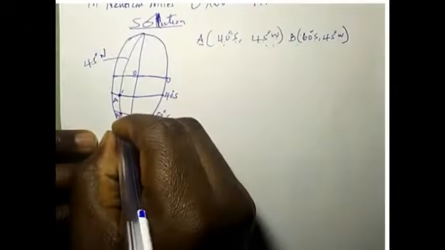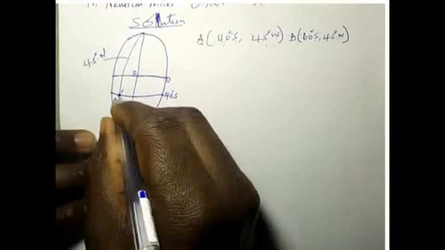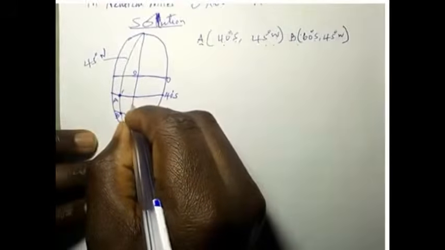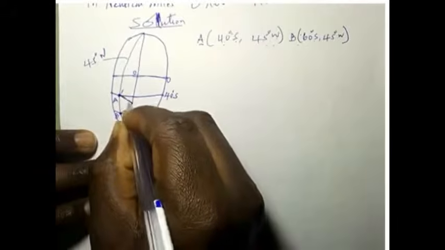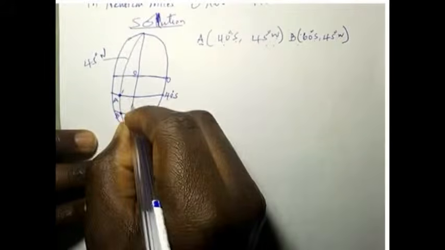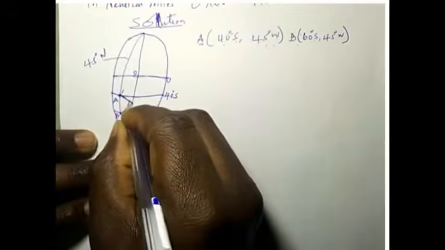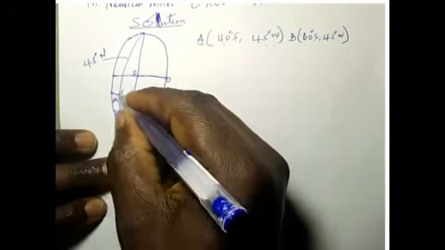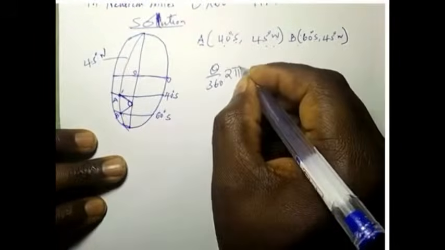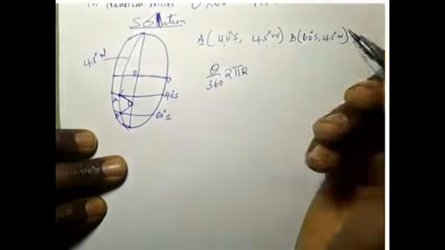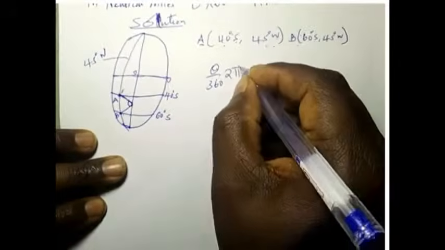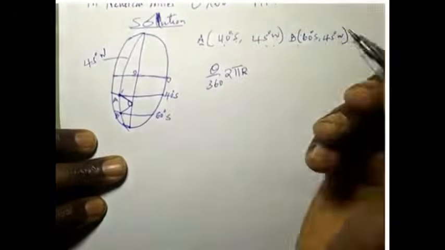So the center of this is here. So what we want is drawing a great circle, the pi r. R we have been given.